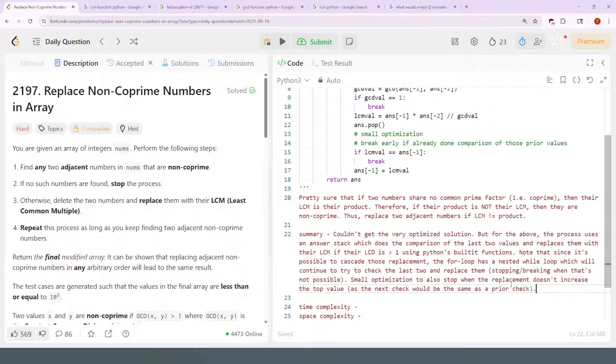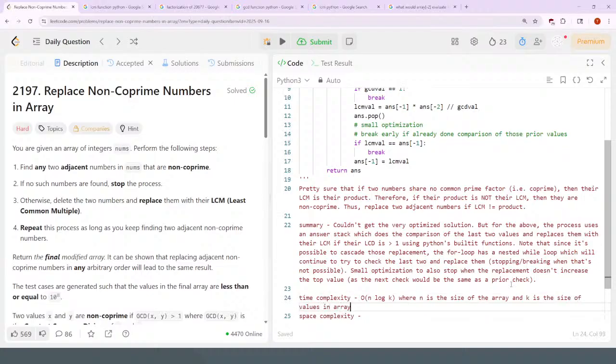Okay. Time optimization here. This is going to be O of n log k, where n is the size of the array and k is the size of values in the array.